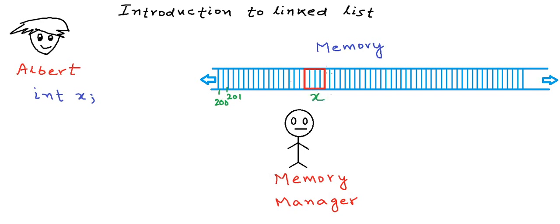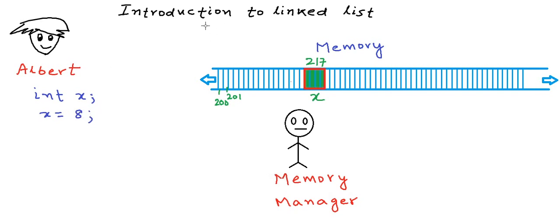Address of a block of memory is the address of the first byte in the memory. So let us say this first byte of memory here is at address 217. So variable x is at address 217. So memory manager kind of communicates it back to Albert that hey, I have assigned address 217 for your variable x. You can store whatever you want there, and Albert can fill in any data into this variable.